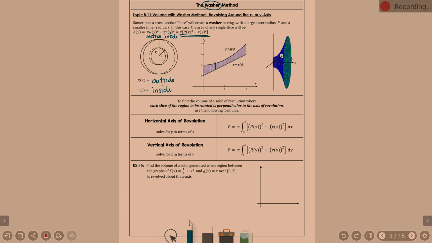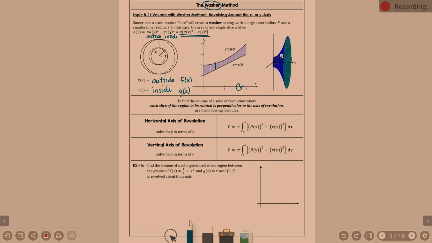In this case, if we are rotating about the x-axis, as it looks like in the picture, the outside one is your f of x and the inside one is your g of x. It's kind of like how we think upper minus lower. Think farther from the axis minus closer to the x-axis.